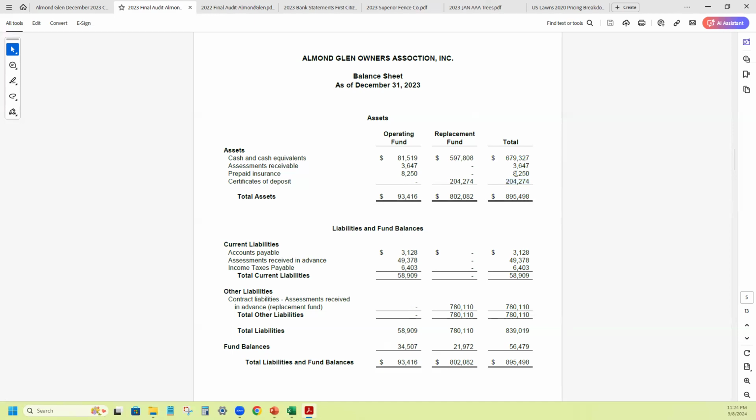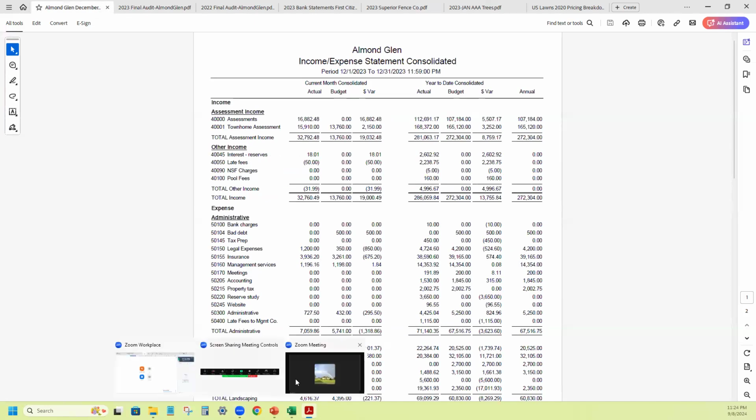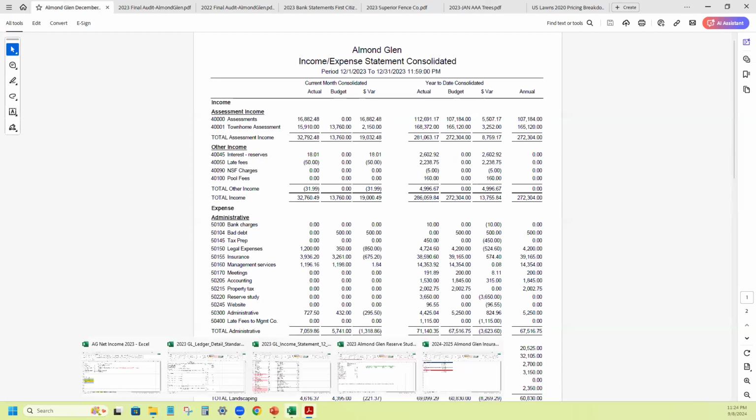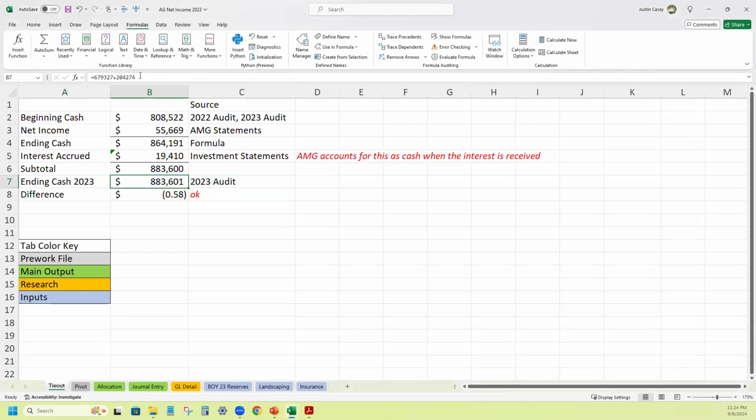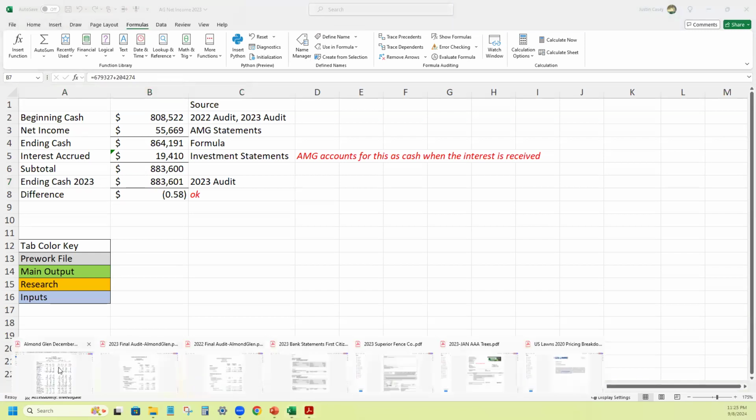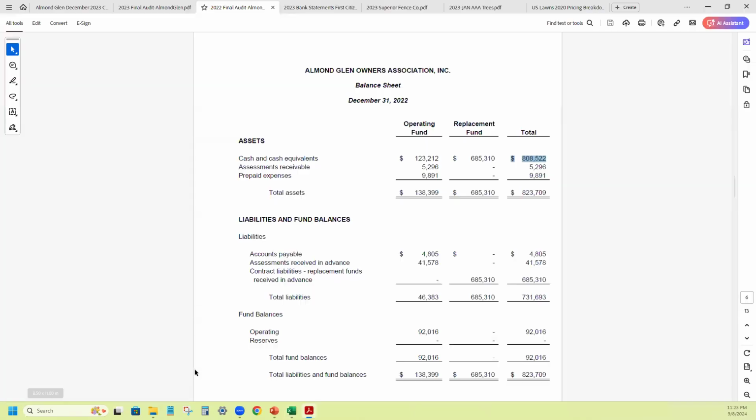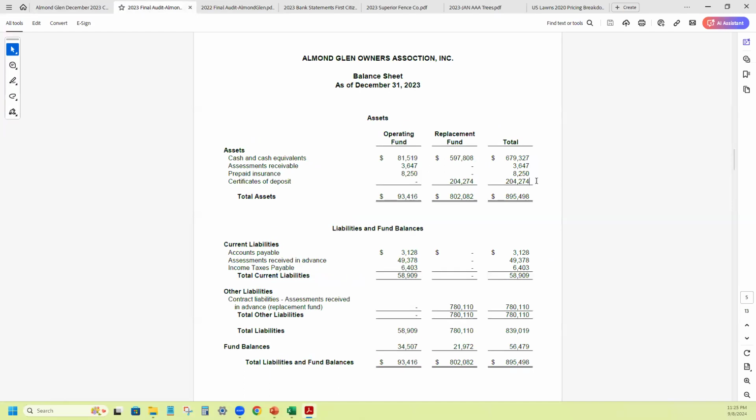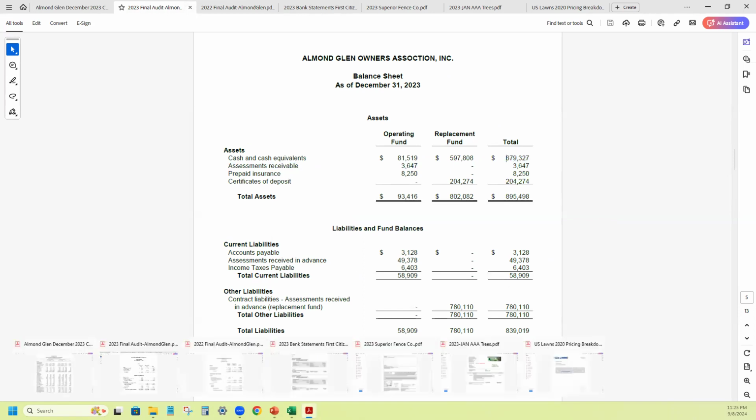The assessments receivable and the prepaid insurance are accrual accounting JE calculations, so we'll never get those to tie to the AMG statements due to the timing differences inherent in those. But we take those numbers from the 2023 audit, 679,327 plus 204,274. If you see here in the formula bar, it gets us a total number of 883,201.